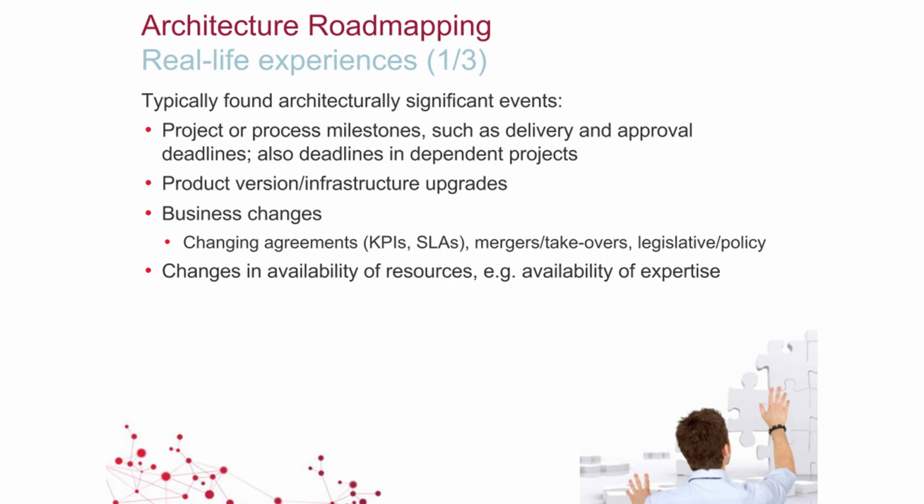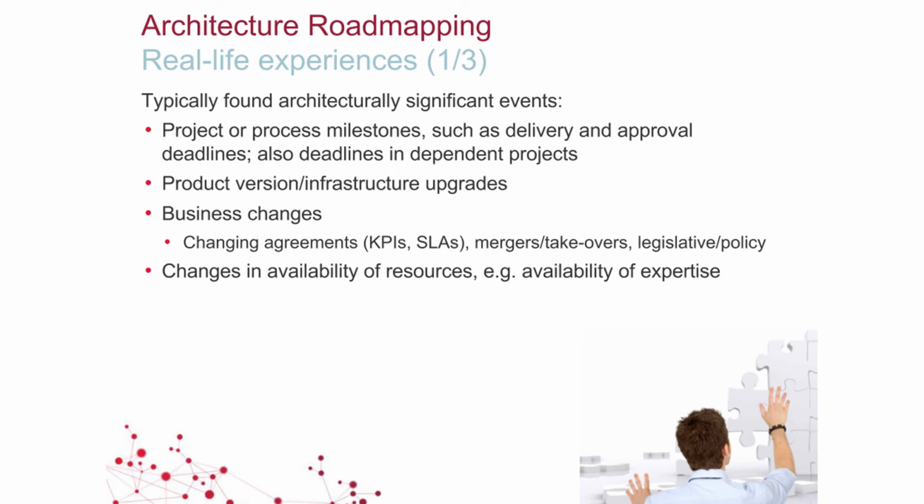Project and process milestones. So delivery deadlines, approval deadlines, etc. Also, very often deadlines in dependent projects. So, we have to have our stuff done because the other project depends on our system being able to deal with that interface or something like that. That is the most common future event with architectural significance that is identified.